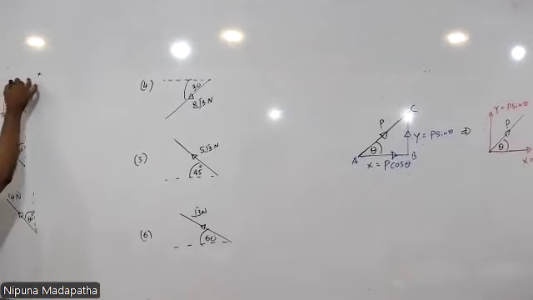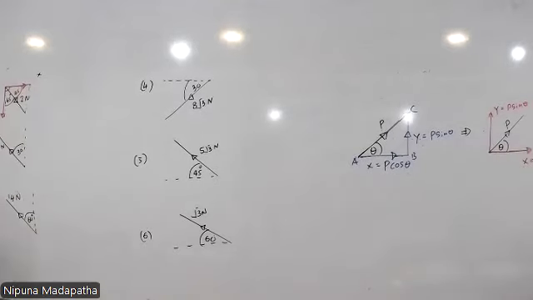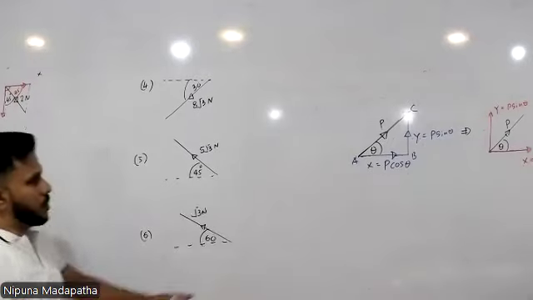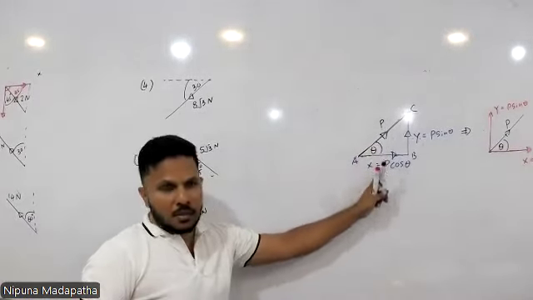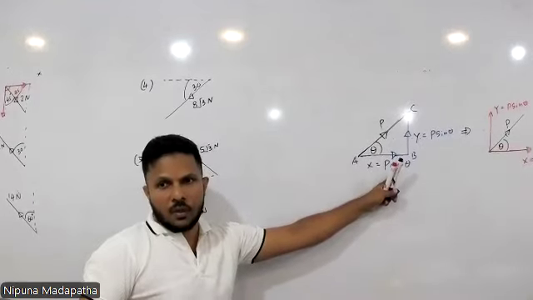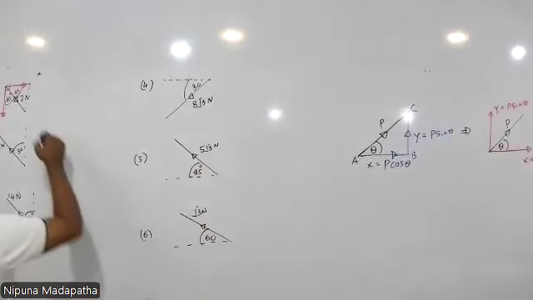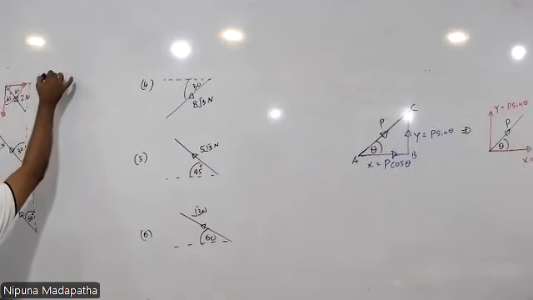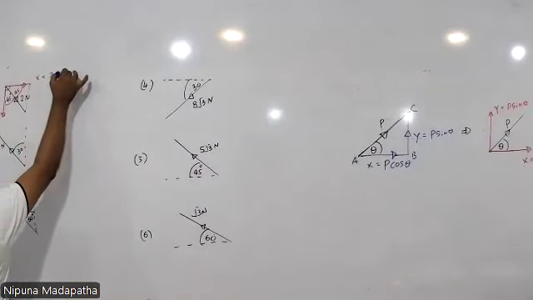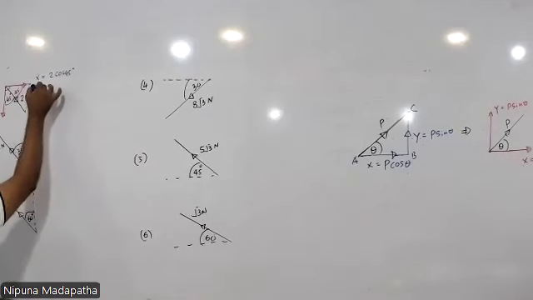This is the adjacent side, and if the angle is theta, the adjacent side is given by cosine theta. So the x component is 2 cos 45.